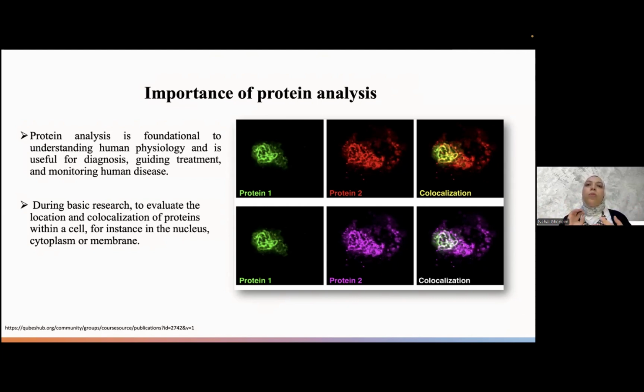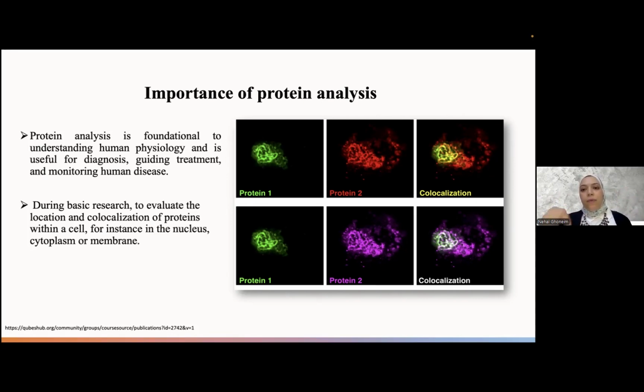So if you want to co-localize proteins, one important technique, actually the most important technique, is to use immunostaining or immunocytochemistry. As we can see in the figure, protein A is green fluorescent and protein 2 is red. So we can see whether they overlap or are beside each other.